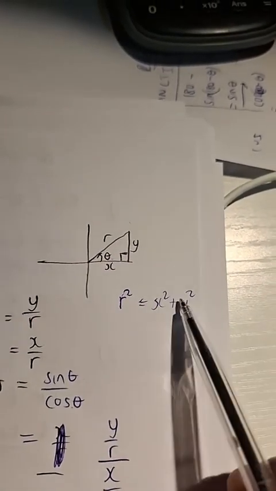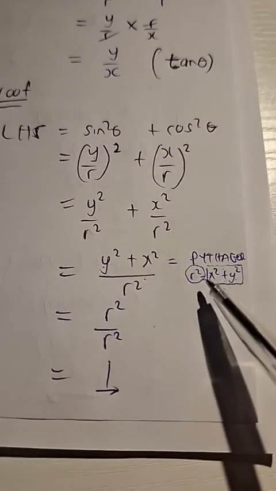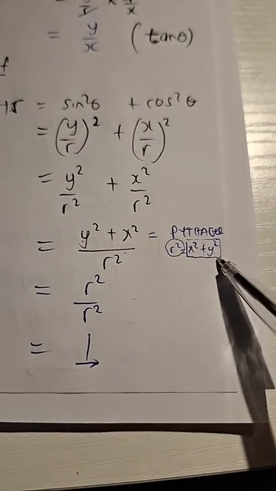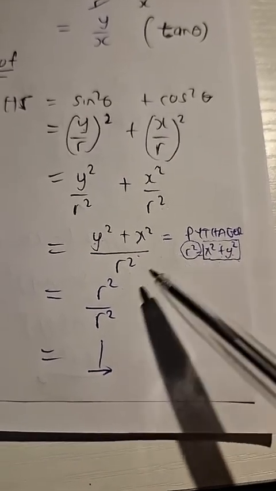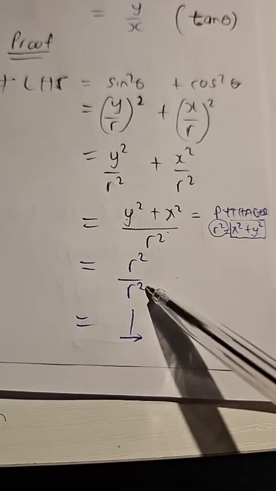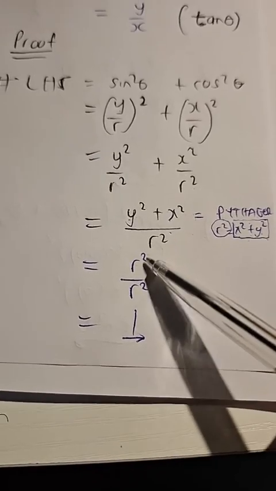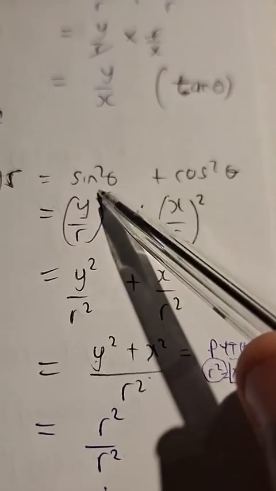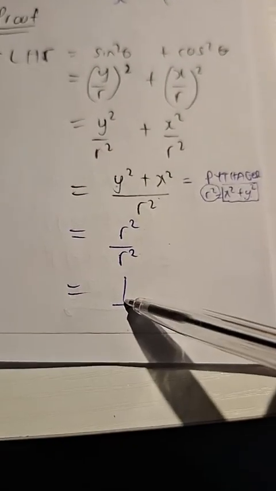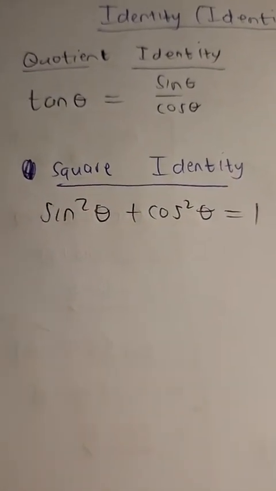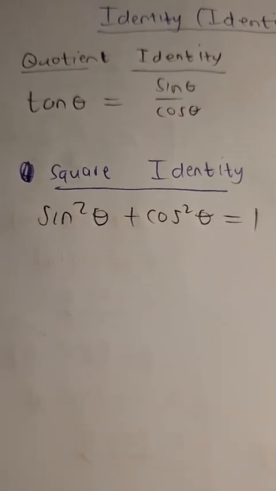So there we have it, r squared is equal to x squared plus y squared. So that's why in the place of y squared plus x squared, which is the same thing as x squared plus y squared, I substitute the r squared in its place. And then r squared divided by r squared, when we divide something by itself, gives us 1. So indeed, sine squared theta plus cos squared theta is equal to 1 as per the proof. Therefore, that's why this identity is true. It holds that sine squared theta plus cos squared theta is equal to 1.